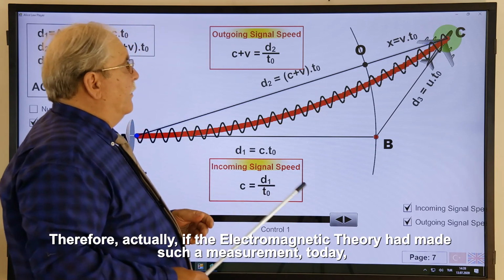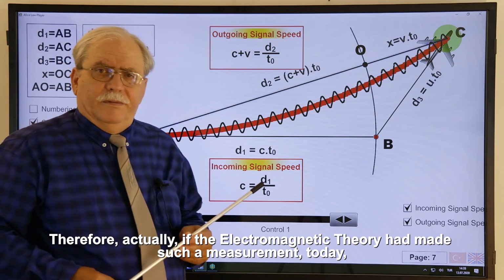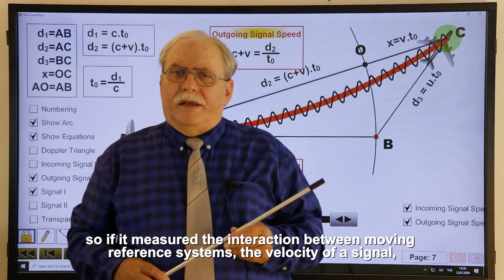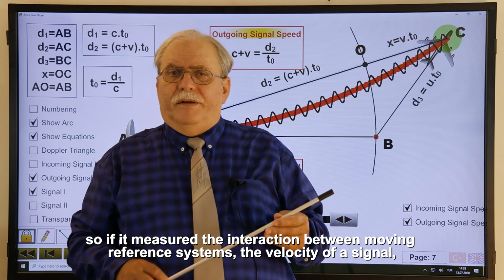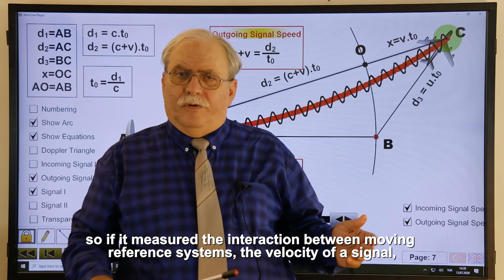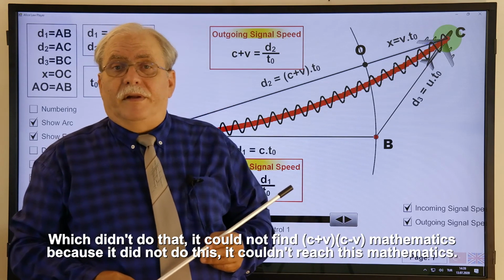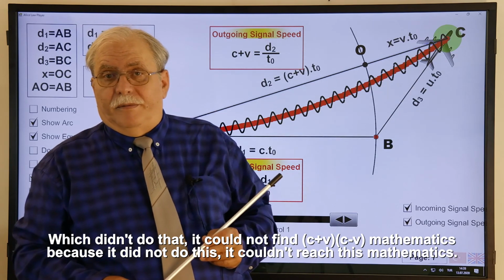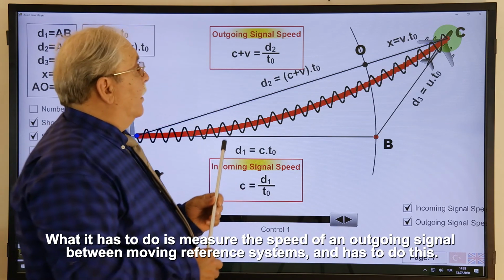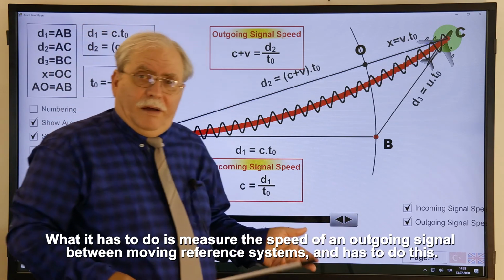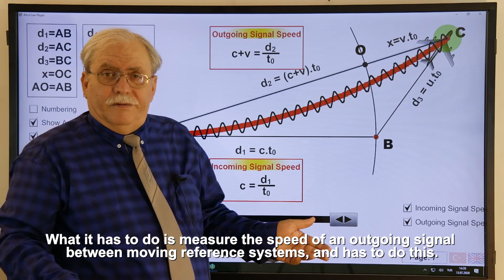Therefore, actually, if the electromagnetic theory had made such a measurement today, so if it measured the interaction between moving reference systems, the velocity of a signal, which it didn't do. It could not find c plus v, c minus v mathematics because it did not do this, it couldn't reach this mathematics. What it has to do is measure the speed of an outgoing signal between moving reference systems and has to do this.